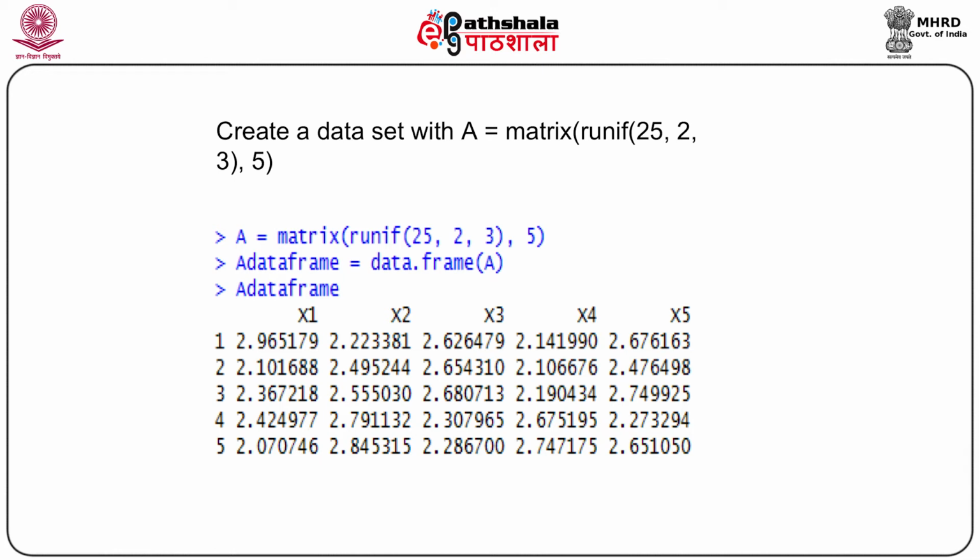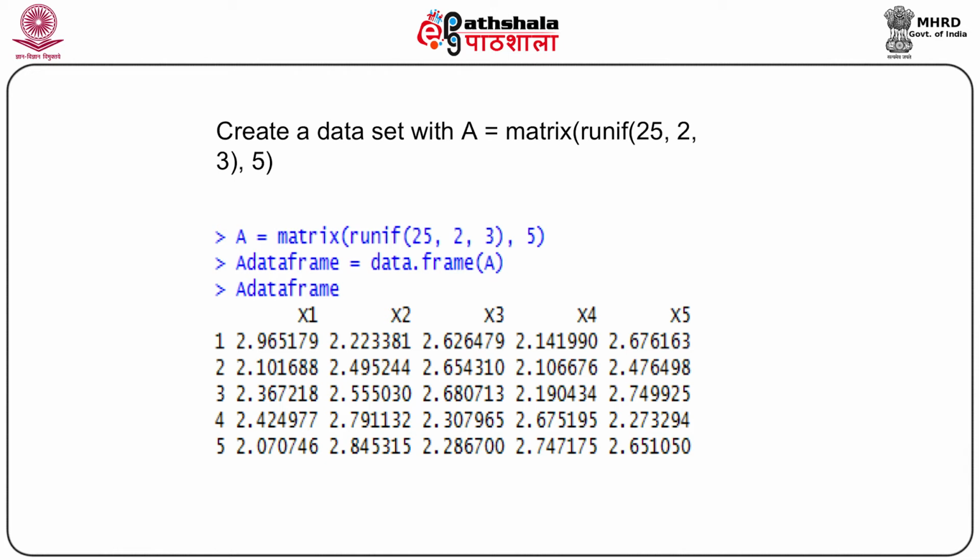Here we are creating a dataset A, where A is a matrix with 5 rows that contains 25 elements drawn from a uniform distribution ranging between 2 and 3. So we are writing this command, which is matrix, then within the first bracket runif(25, 2, 3), which specifies the drawing of 25 samples from a uniform distribution ranging between 2 and 3.